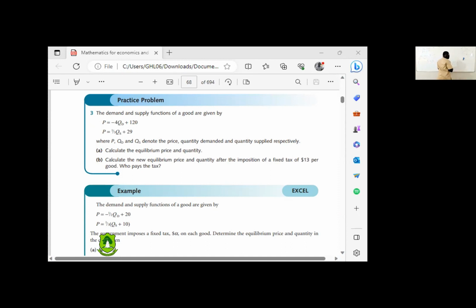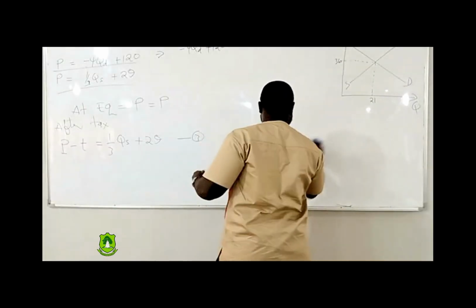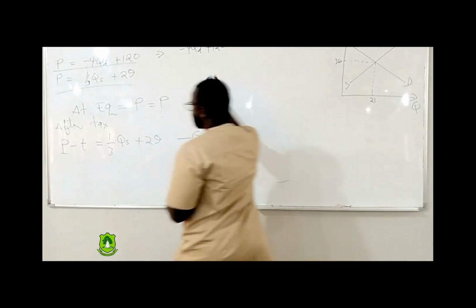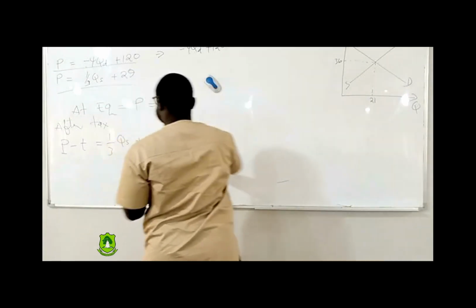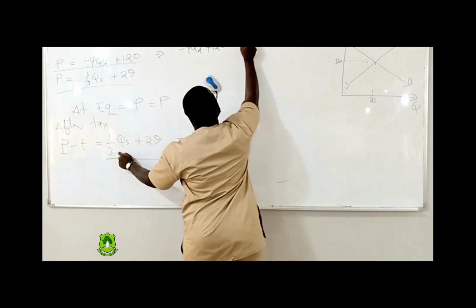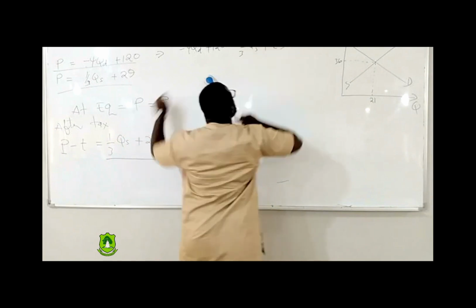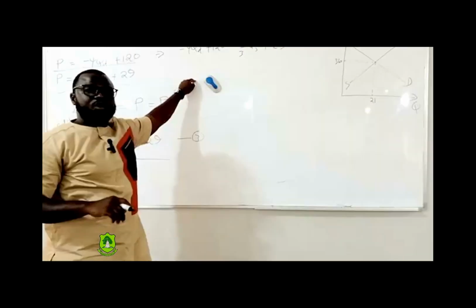It's equal to the whole thing here. When you equate this whole thing here, plus 29, if we solve this, what will happen?